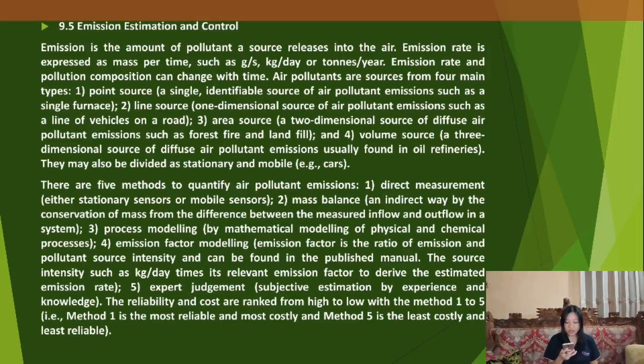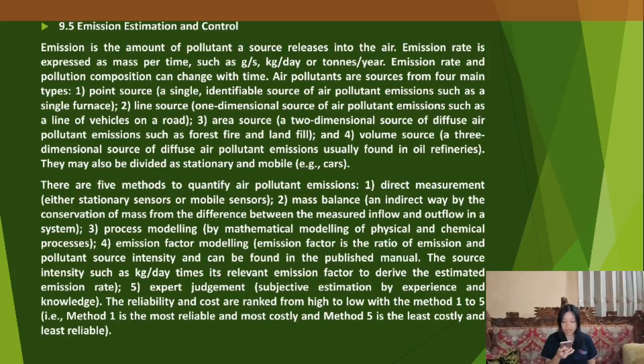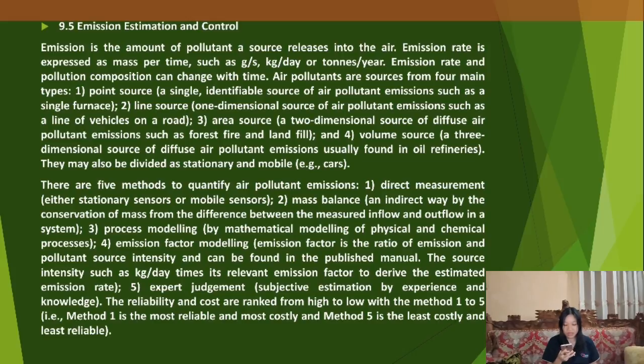4. Emission factor modeling. Emission factor is the ratio of emission and pollutant source intensity and can be found in the published manual. The source intensity, such as kilogram per day, is multiplied by the relevant emission factor to derive the estimated emission rate. 5.